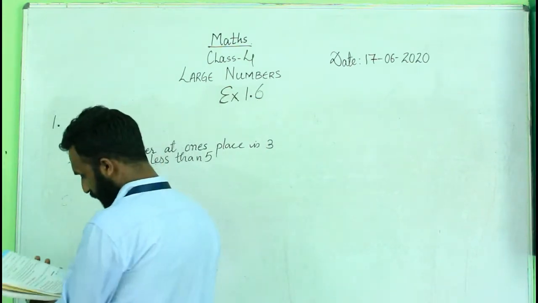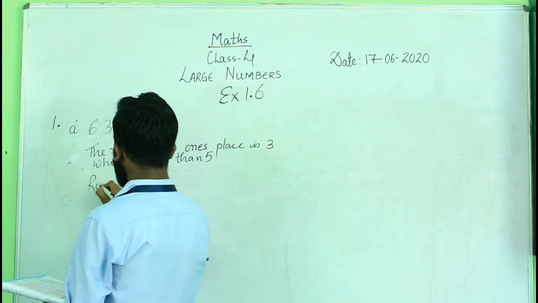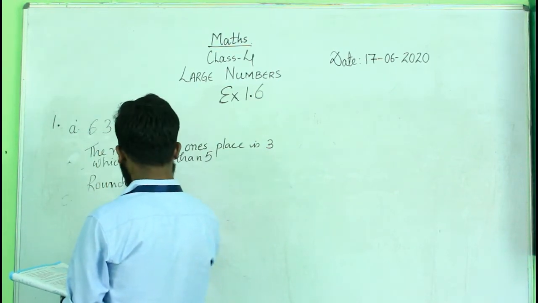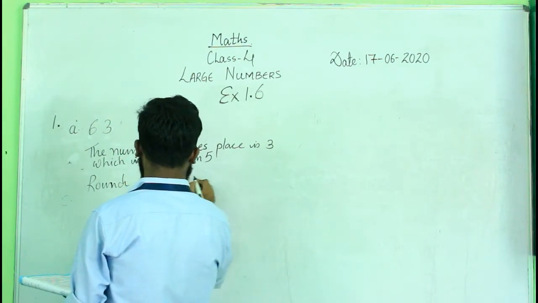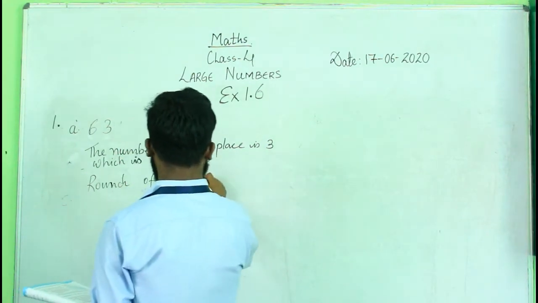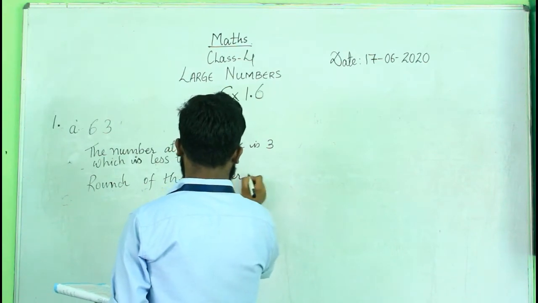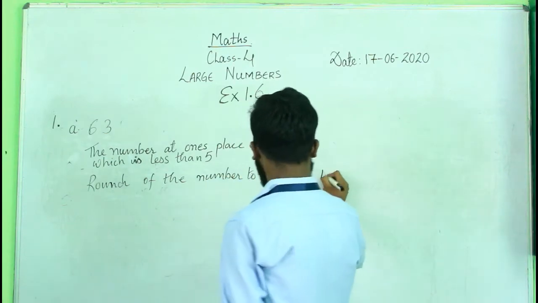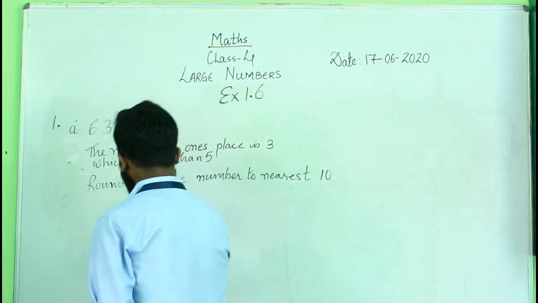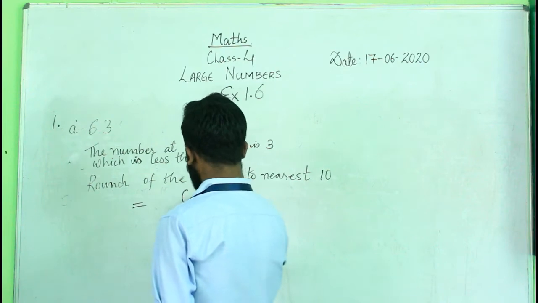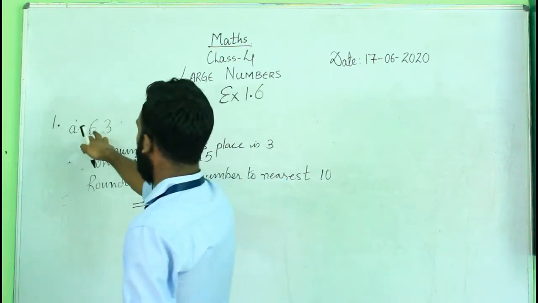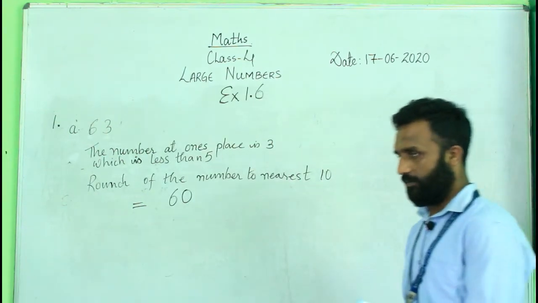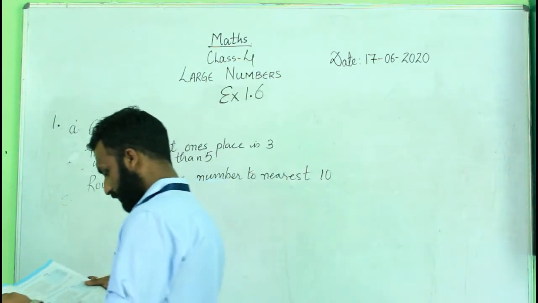So rounding the number to the nearest 10 will be equal to, as I said, the ones place changed to 0 and the 6 remaining as 6. So it will be 60.